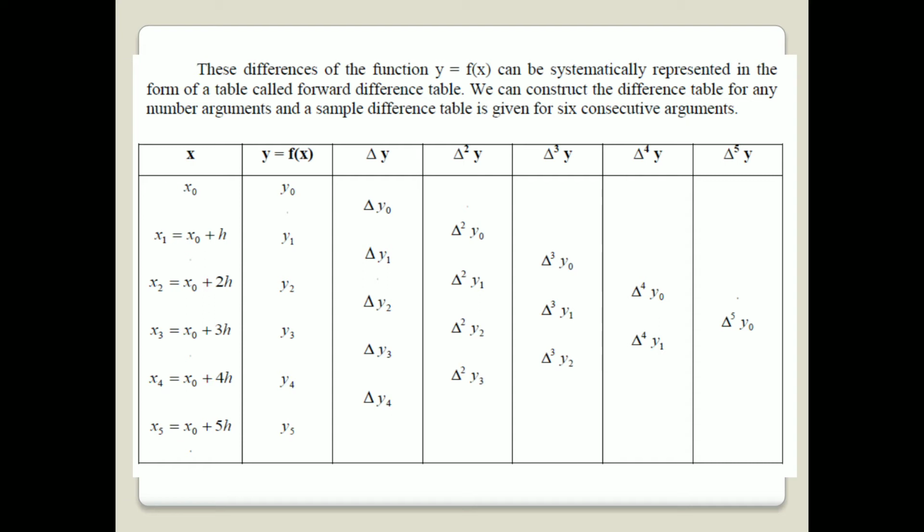Similarly, delta y2 stands for y3 minus y2, delta y3 stands for y4 minus y3, and delta y4 stands for y5 minus y4. Similarly, the second order, third order, fourth order and fifth order forward differences are shown in this given table.